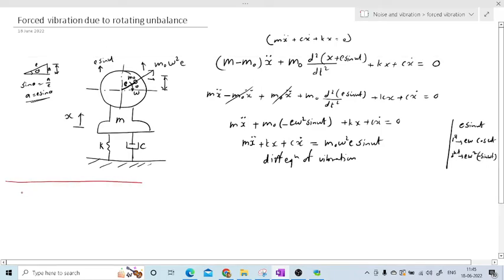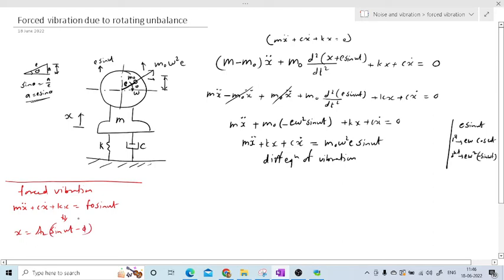For forced vibration, the differential equation comes out as mx double dot plus cx dot plus kx is equal to f naught sin omega t, because in forced vibration we use the force f naught sin omega t, and its solution is x is equal to a2 sin omega t minus phi.